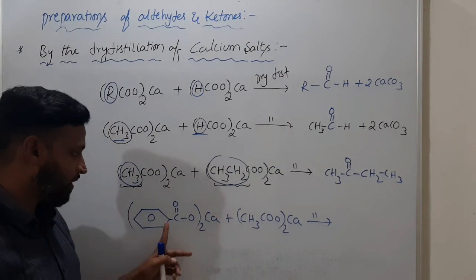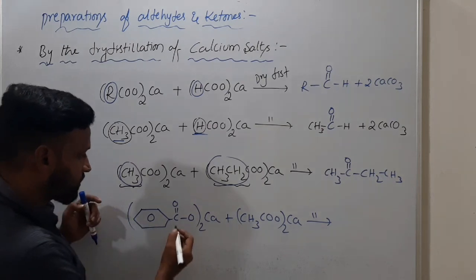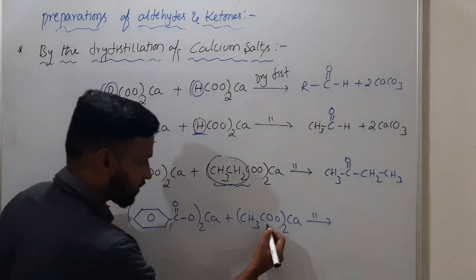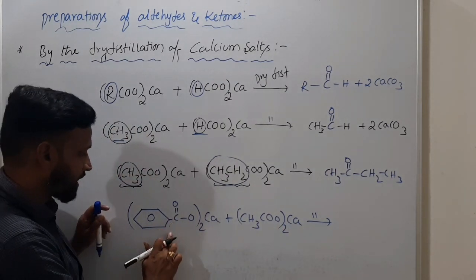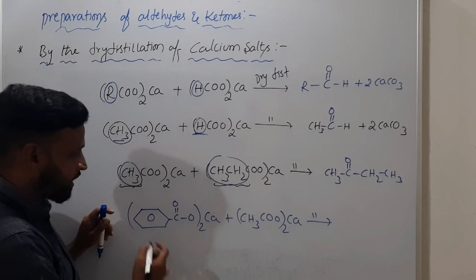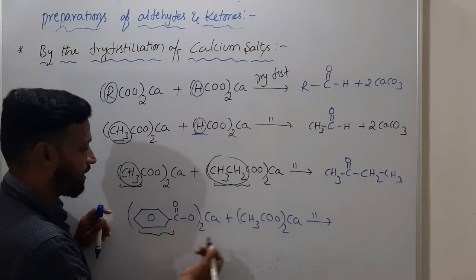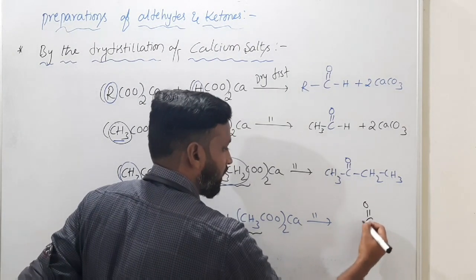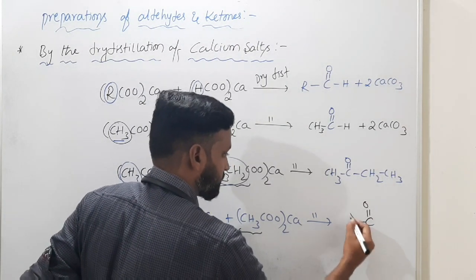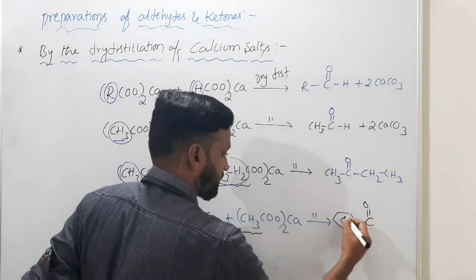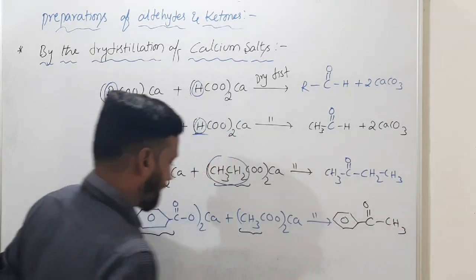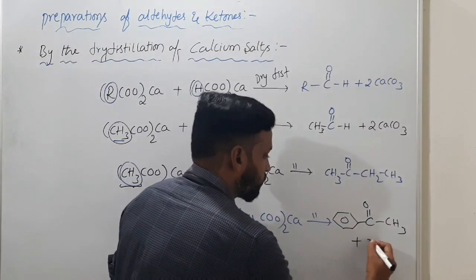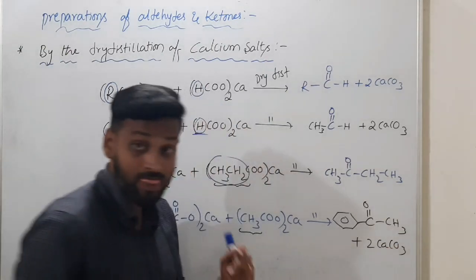C6H5 is one group for COO, and here also you have COO. Just for understanding, I wrote C double bond O. So here what is the alkyl group? Phenyl. Here what is the alkyl group? Methyl. So for C double bond O, you are having C6H5 on one side and methyl on the other side, and 2 moles of CaCO3.